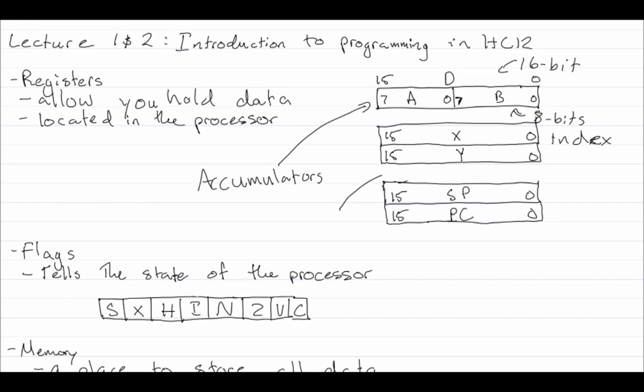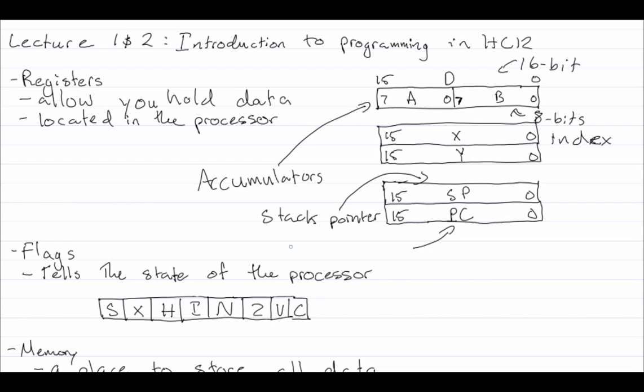Next, we're going to look at the SP and PC registers. The SP is known as the stack pointer, and the stack pointer points to the top of a stack if we ever use a stack to store some data. That's what it's called and what it does, but we won't touch on it again for now, but we will later.